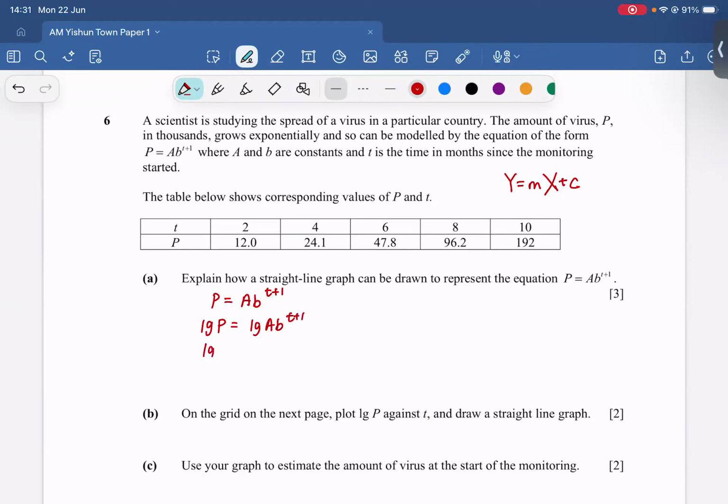What happens next? We will break the thing up. It becomes log A plus log B to the power of t plus 1. Now the t plus 1 we bring down, then we expand.